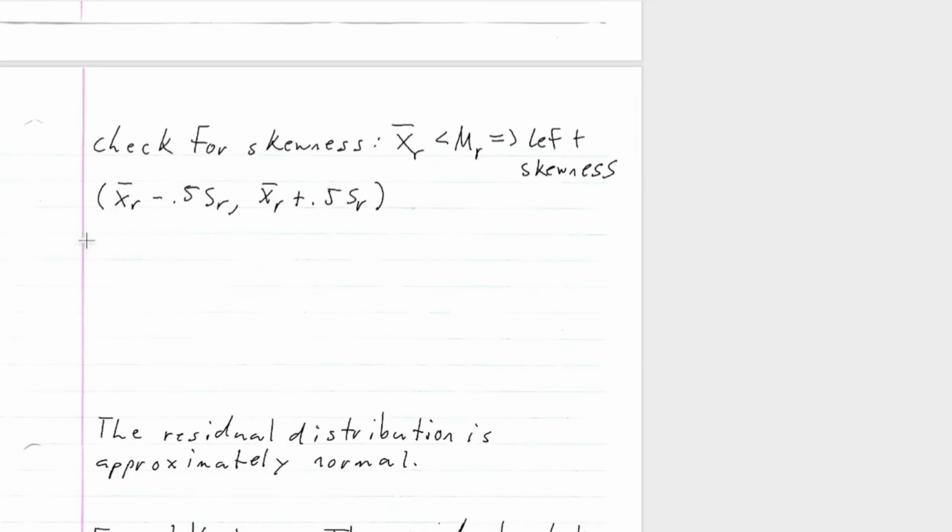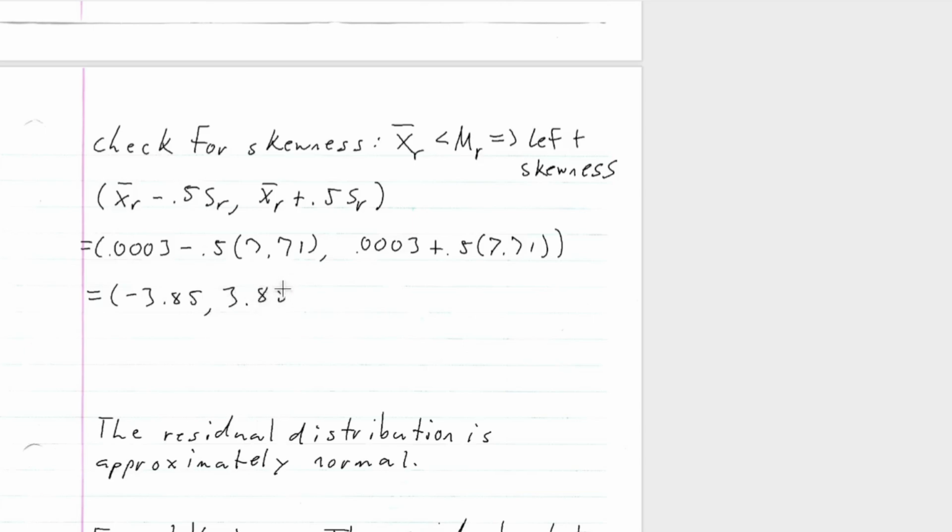So we know this is going to be equal to 0.0003 minus 0.5 times that 7.71, and then 0.0003 plus 0.5 times 7.71, which will give us the interval negative 3.85 to positive 3.85.